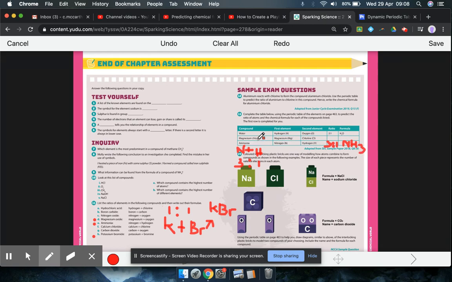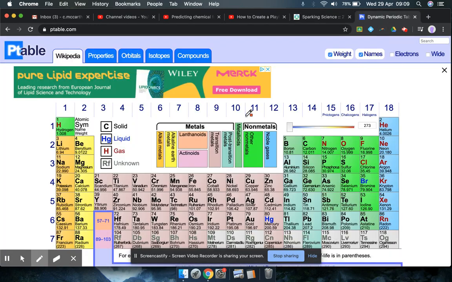Okay, so if I was to look at magnesium chloride, just to start you off on that one as well, just so you have an idea, we have magnesium, okay, and we have chloride or chlorine. So again, I look at my periodic table, okay, and I can see here that magnesium is in group 2, so therefore it must have a valency of 2, and chlorine is in group 7, so therefore has a valency of 1.